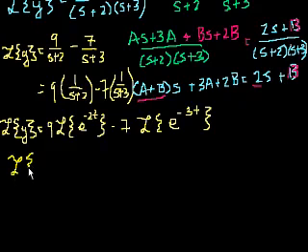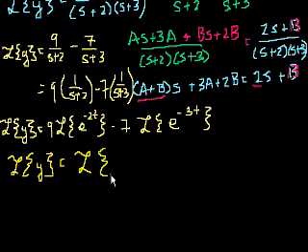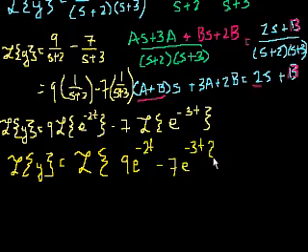You normally wouldn't go through all of these steps. I just really want you to understand what we're doing. So we could say that this is the same thing as the Laplace transform of 9e to the minus 2t minus 7e to the minus 3t. Now we have something interesting. The Laplace transform of y is equal to the Laplace transform of this.